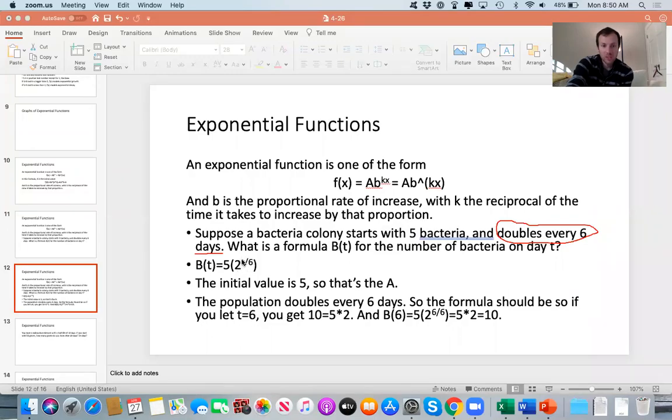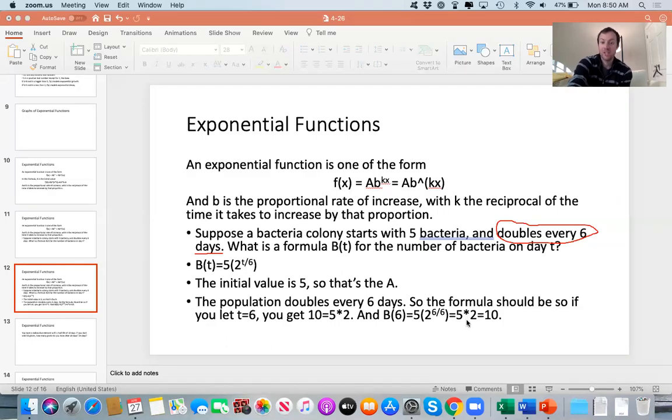Where this expression comes from is we're told the population doubles every 6 days. So what needs to happen is when we put in 6, we need to get 10, which is double what we started with. That's what this 6 here is designed to do. When you put in 6 into this formula, the exponent you get is 1.